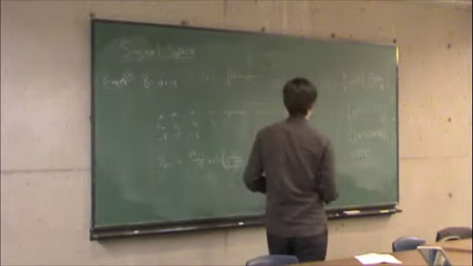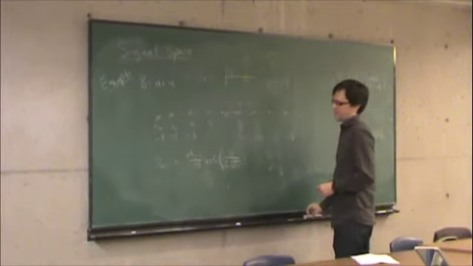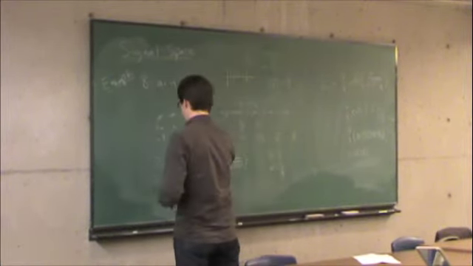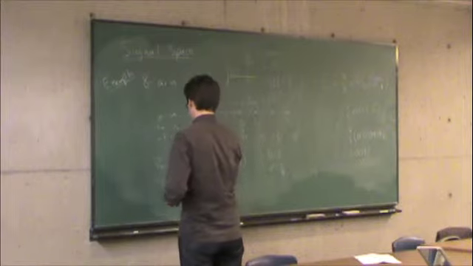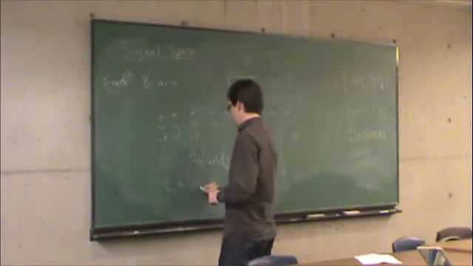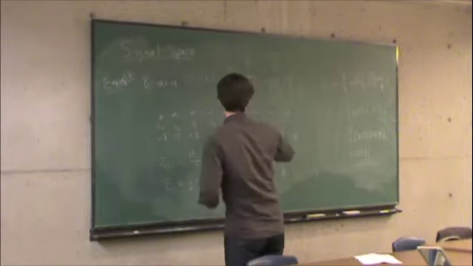Okay, what's the energy per bit over here? Let's start with energy per symbol. I have 8 symbols, so it's 1 over 8 times the sum of the coordinate values squared.